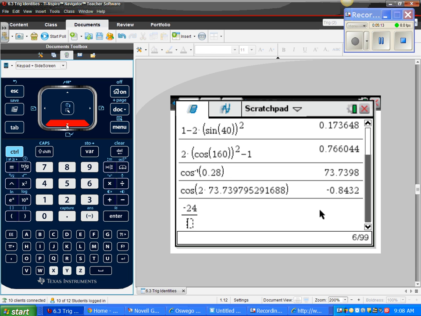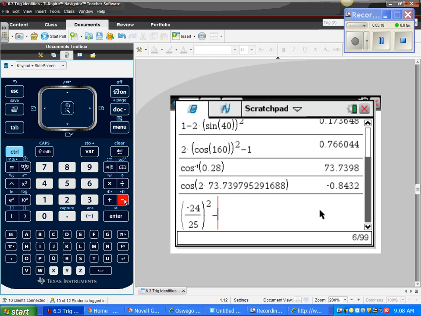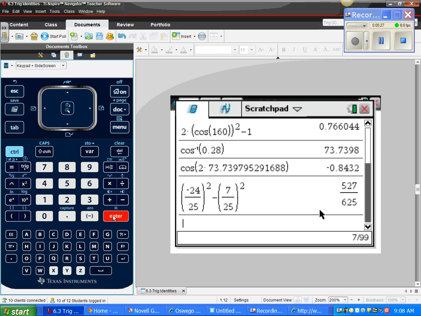Negative 24 over 25 squared minus 7 over 25 squared. Why? Well, I'll show you so you can do that. Okay. Okay, good. So you want to tell me that I was wrong? No, you're just a little out of yourself. Was I right? Joe, was I right? Oh, okay.